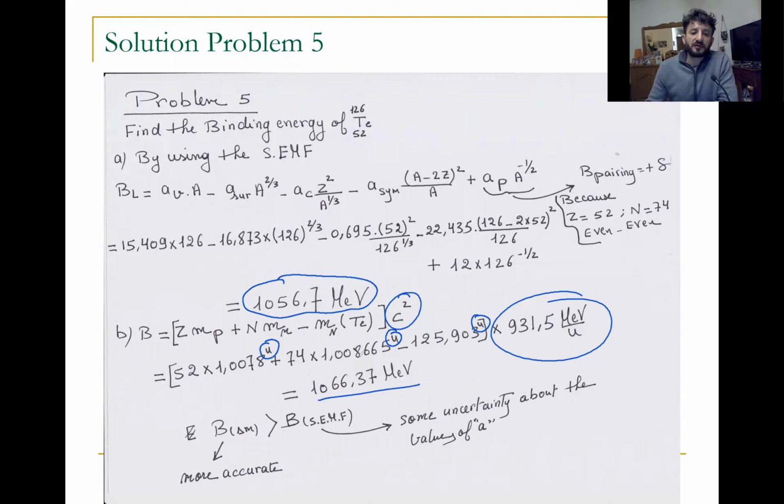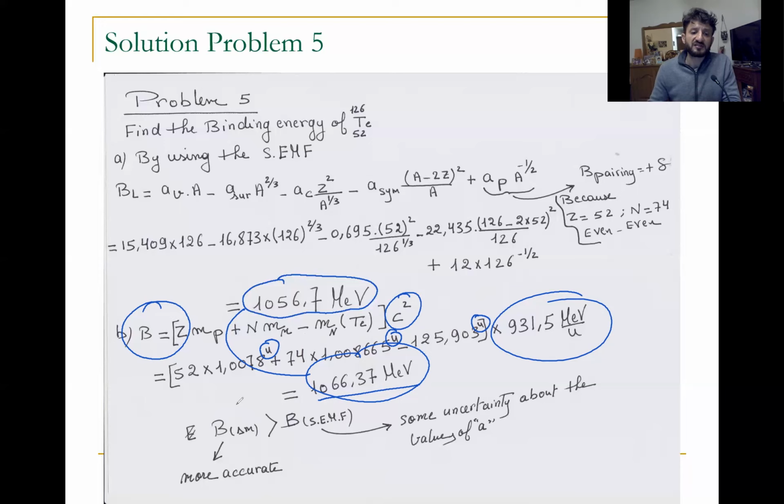And if you compare this one with this one, the two answers, you can see the binding energy calculated by the normal equation, by this one, is greater than the binding energy calculated by the semi-empirical formula. Why?